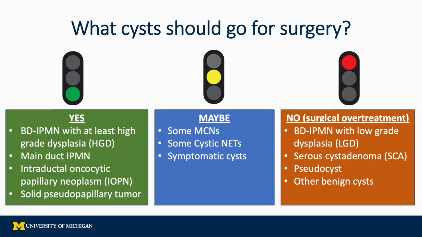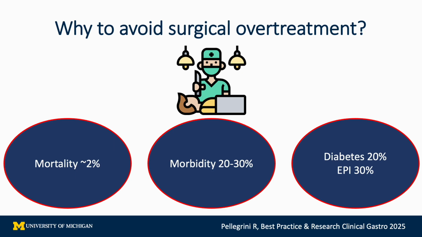So why is this important? Surgical overtreatment is an issue because surgery still is associated with mortality of 1 to 2%, morbidity such as pancreatic leak, hematoma, bleeding in 20 to 30% of patients, and there are long-term consequences, including diabetes and exocrine insufficiency.